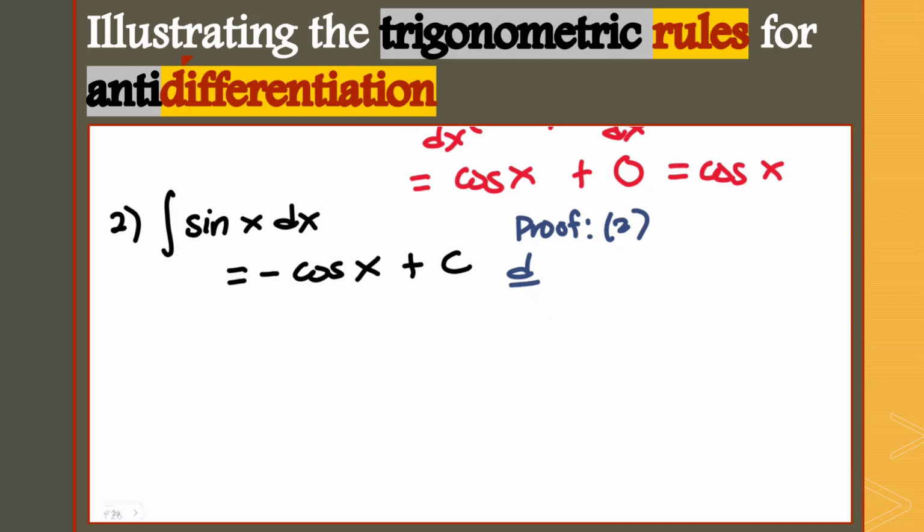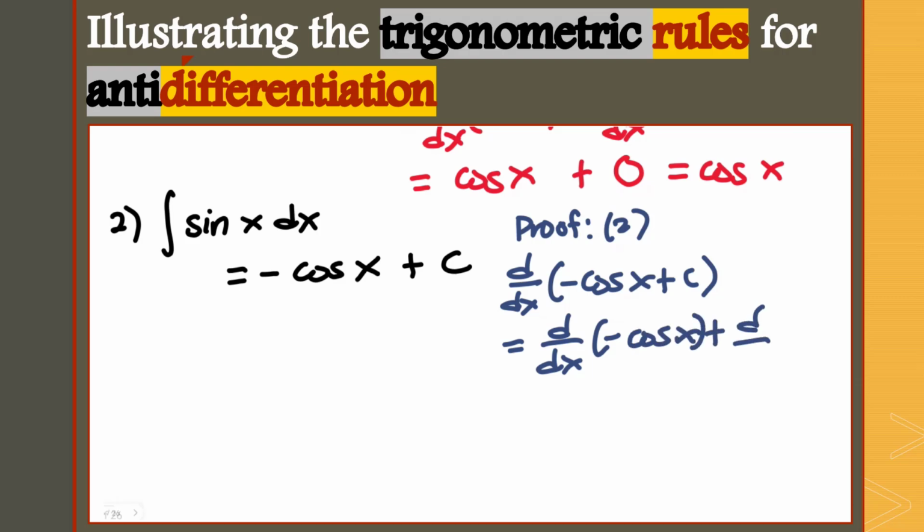So we have the derivative of negative cosine x plus c. Using the sum and difference rules, you have the derivative of negative cosine x plus the derivative of c. Again, this is 0. Let me factor out the negative: you have the derivative of cosine x.